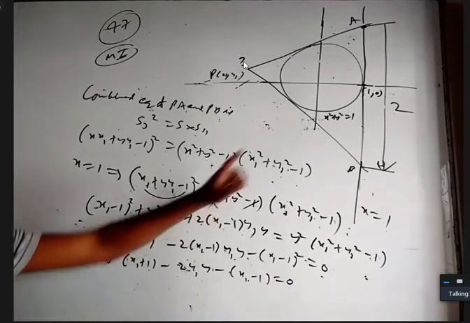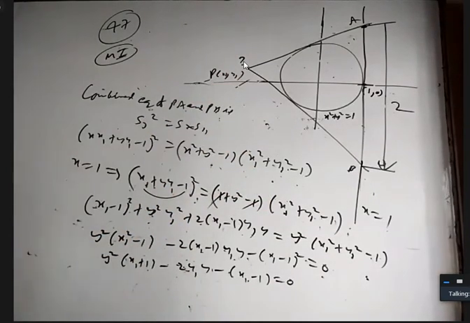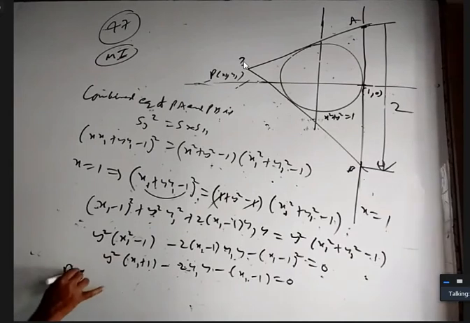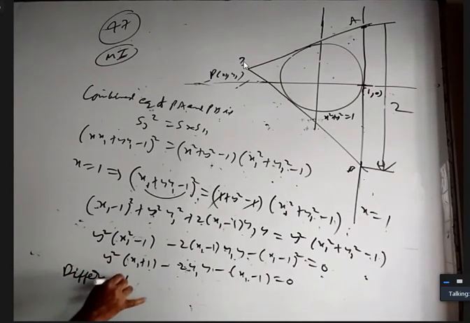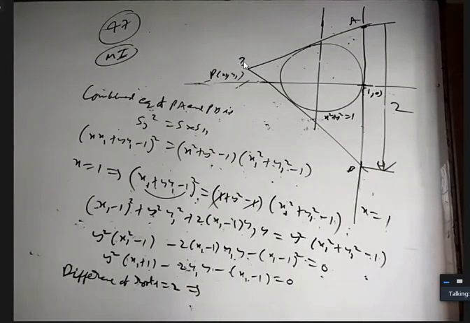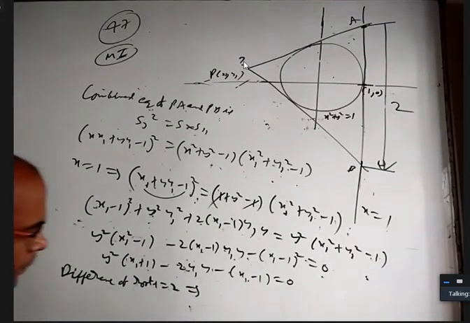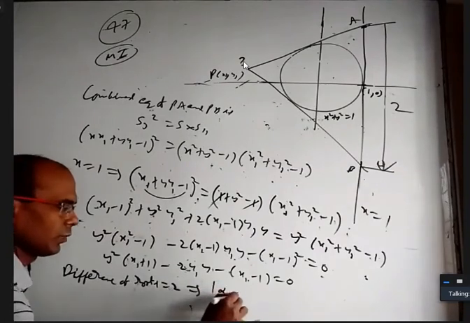When you find the roots, you get this y coordinate and this y coordinate. The difference of the roots should be 2. Difference of roots is equal to mod alpha minus beta.